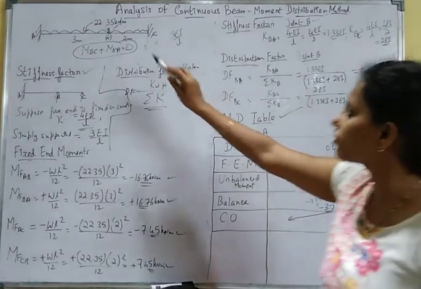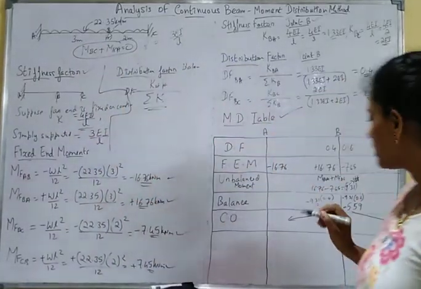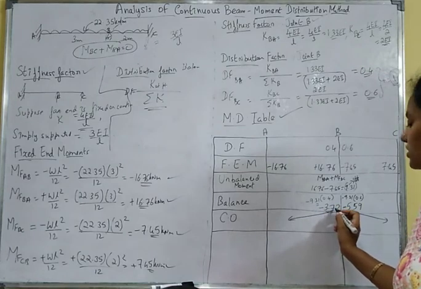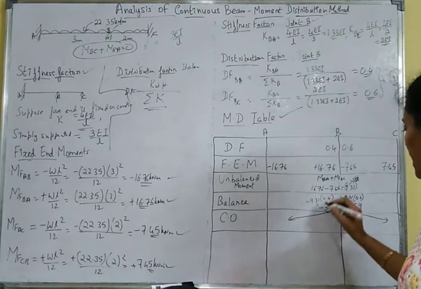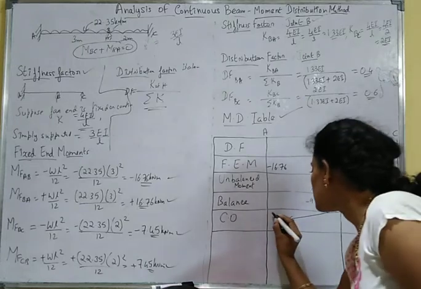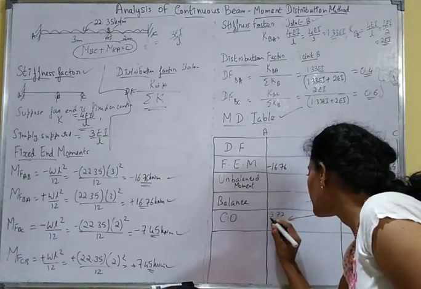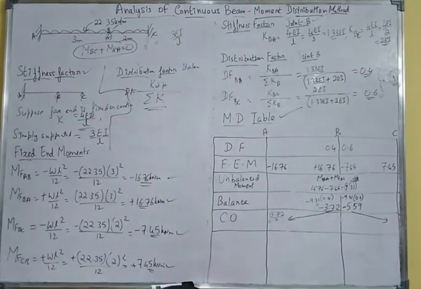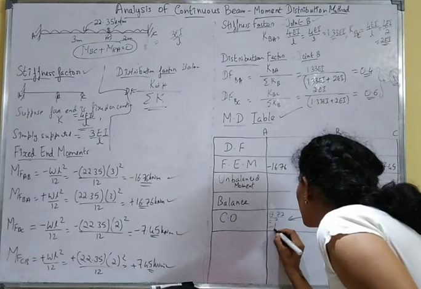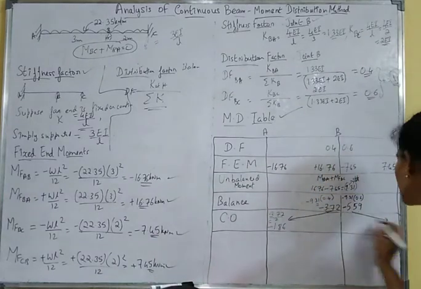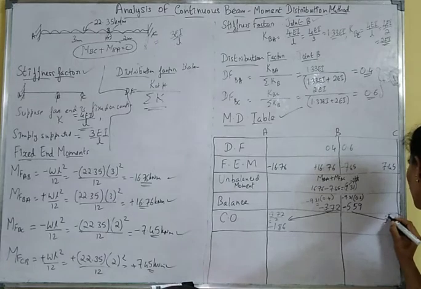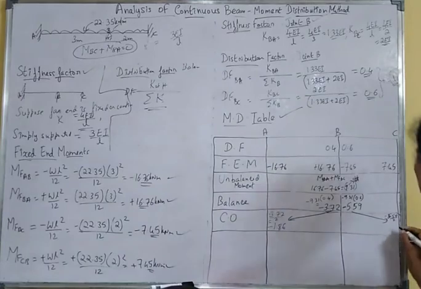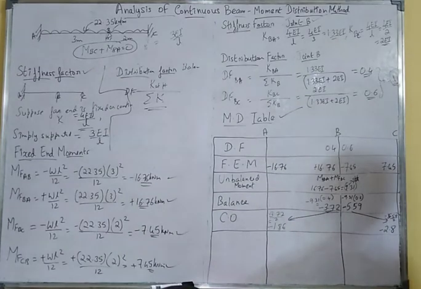For joint B, the far ends are A and C. So for the far end you have to find half of the balance: minus 3.72 divided by 2, which is minus 1.86, and again minus 5.59 divided by 2, which is minus 2.8.